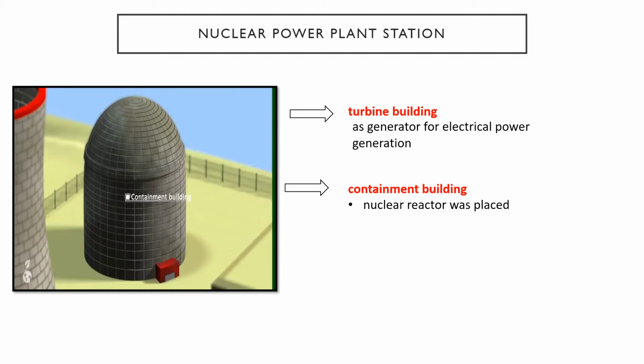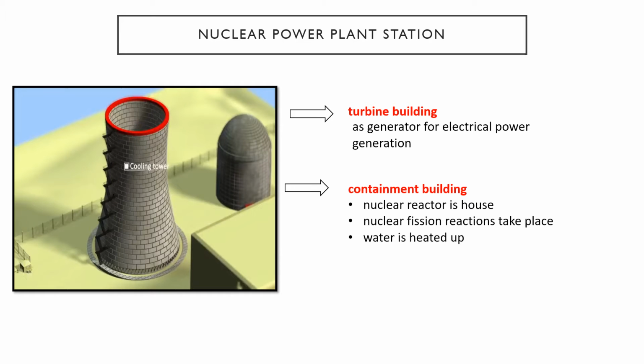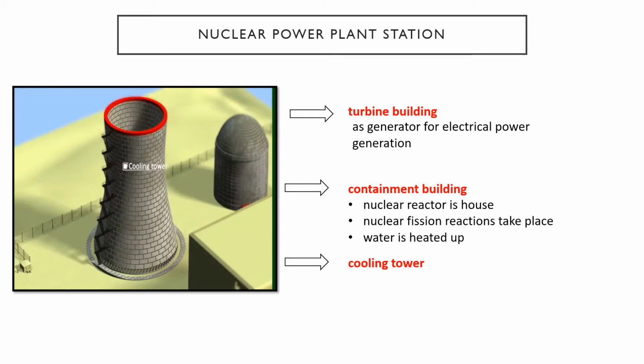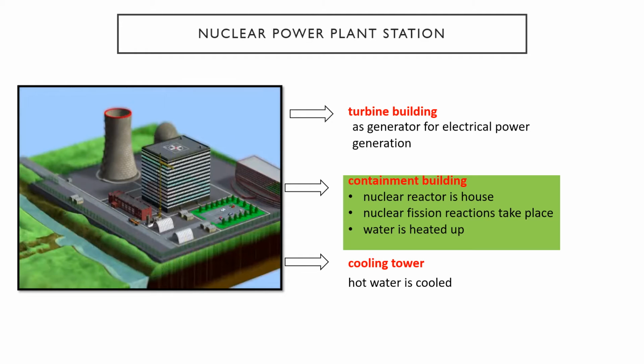And inside this containment building, the nuclear reaction takes place where water is heated up. The last one is the cooling tower, which is used to cool down the hot water. So for this lesson, we're going to focus on the containment building, which consists of nuclear reactor, to learn how it can generate the electrical energy.